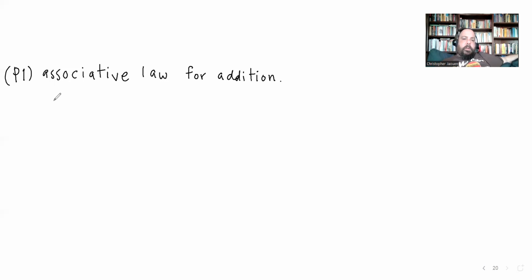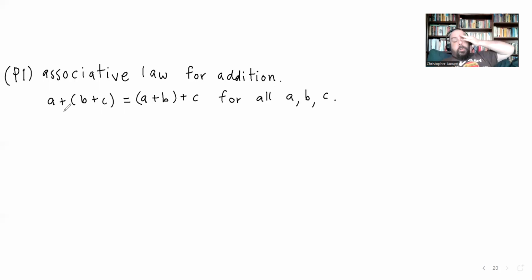In other words, A plus B plus C is equal to A plus B plus C for all A, B, C in the set. Right, so they want us to show for P1 that Z2 basically satisfies the associative axiom.